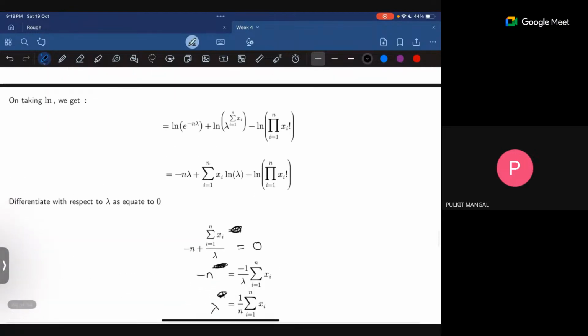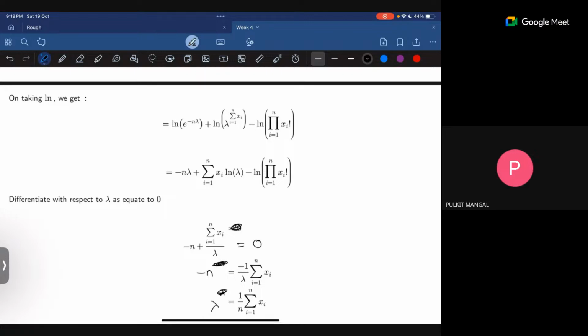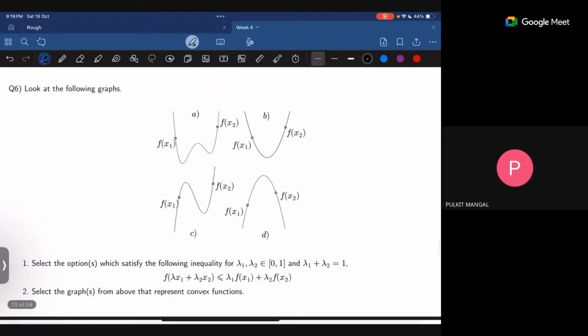Now the next question is on Jensen's inequality. Look at the following graph. We have been given 4 graphs A, B, C and D. There are 2 questions. First question is to select the option which satisfies the inequality for lambda 1 and lambda 2 between the range 0 and 1, with lambda 1 plus lambda 2 equal to 1.